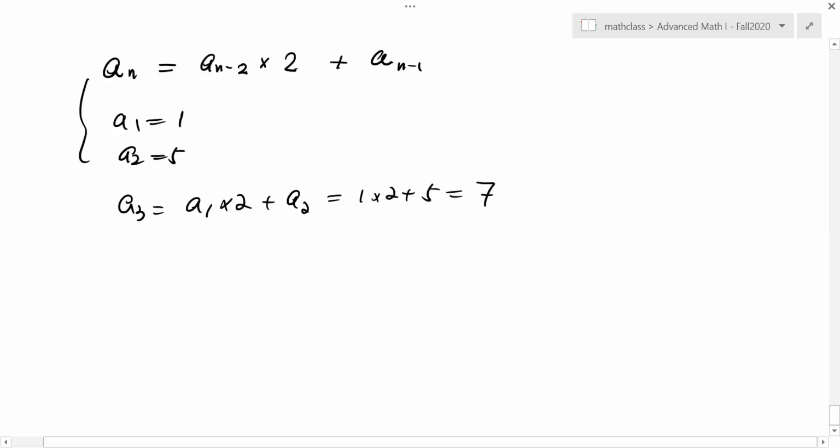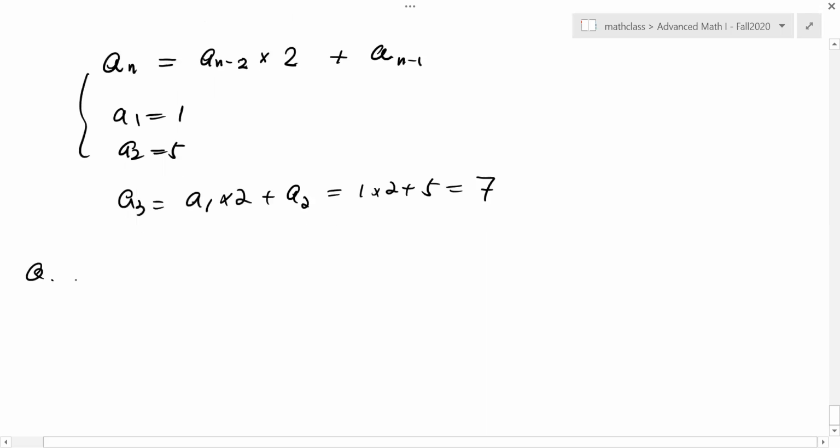All right. Let's take a look at the next problem. Here's the next problem.